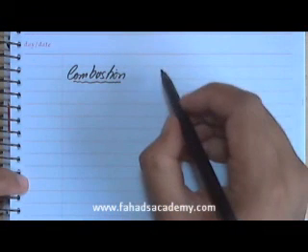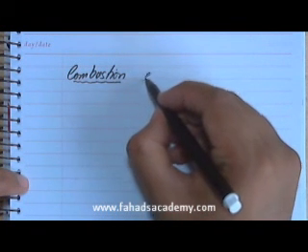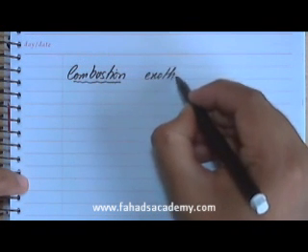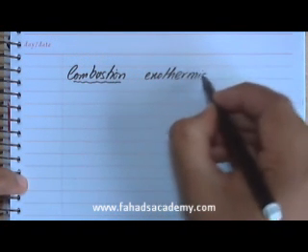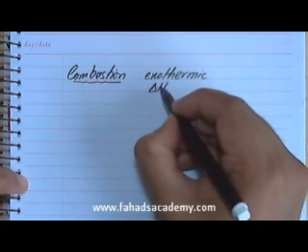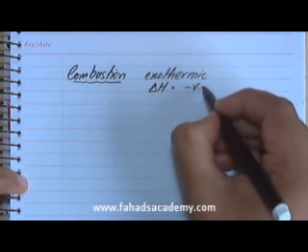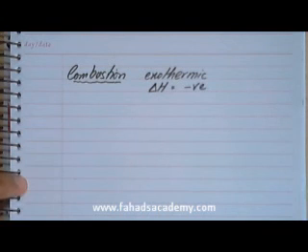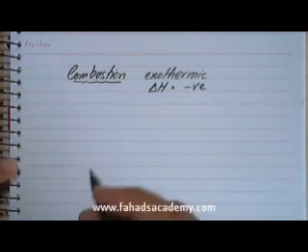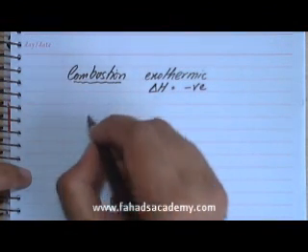Combustion is an exothermic reaction. The sign of enthalpy is negative, and now we're going to justify why this reaction is exothermic. We can take the example of any reaction.